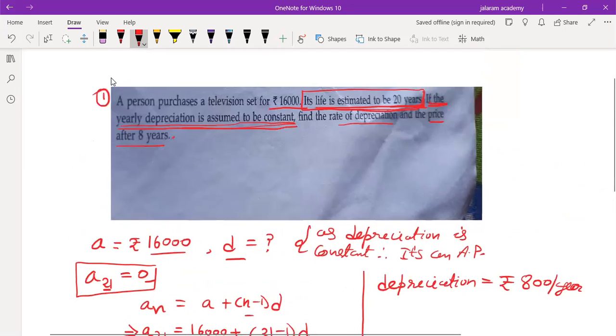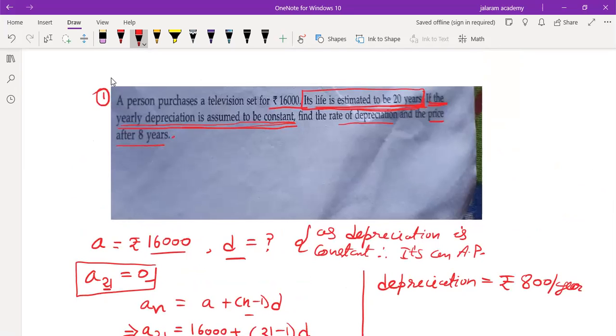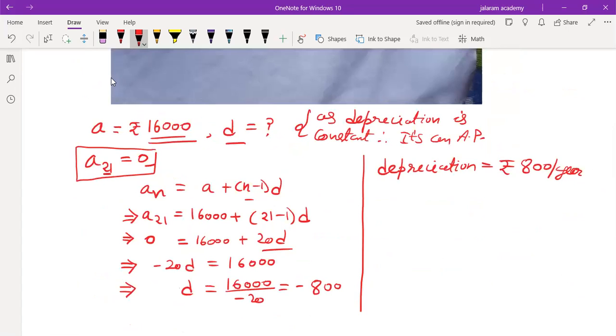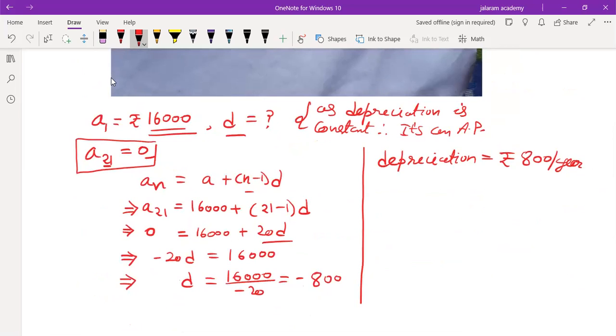Then we also have to find the price after 8 years, when initially, in the 0th year, its cost is rupees 16,000. After the 8th year means the 9th term.